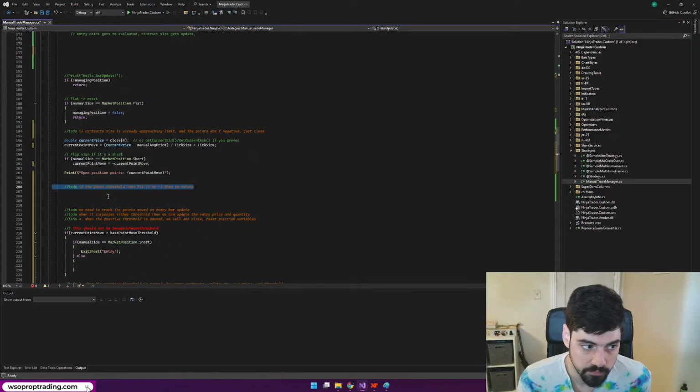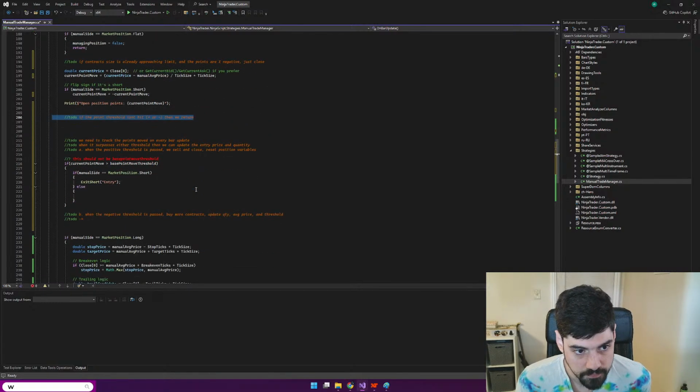That's all it's doing. Then when it passes the threshold, that's when we actually adjust the orders. No need to ever call exit short directly, right? Not yet, at least. Maybe there's some crazy edge case that we can figure out.